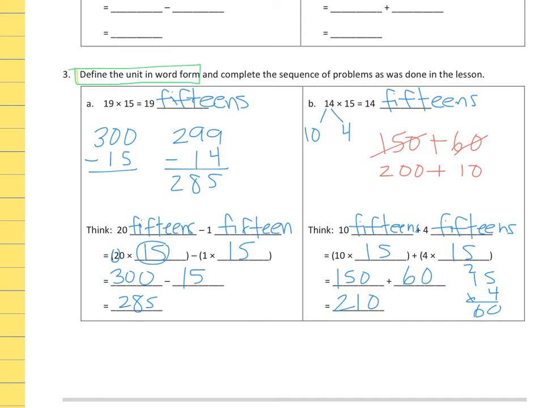So try to find those shortcuts when you're doing some mental math. It's really easy and valuable, instead of having to do some stacking and adding them up together and having to regroup and unbundle and all that fun stuff. So look out for those easy shortcuts.